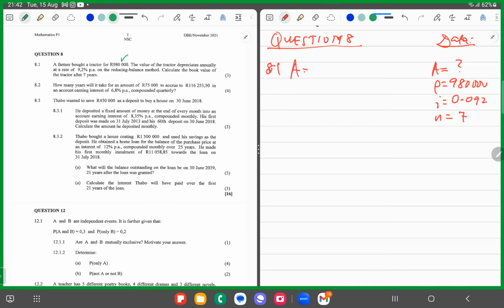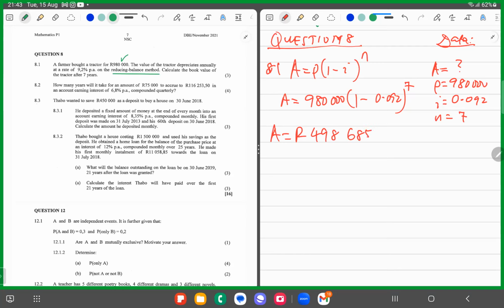Which means that we're going to use the formula A equals P(1 minus i) to the N, this is the reducing balance method. So A equals 980,000 times (1 minus 0.092) to the 7th, so you're going to use the calculator to compute this one. And then what we're getting is 498,685.82.